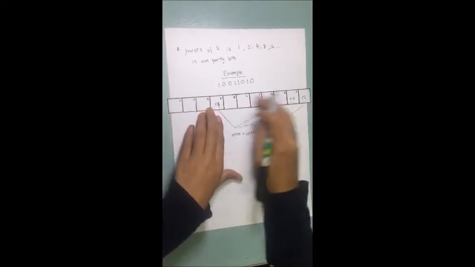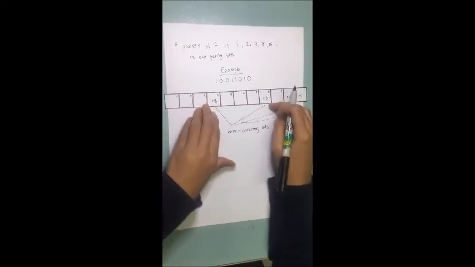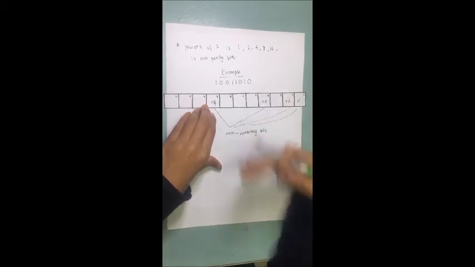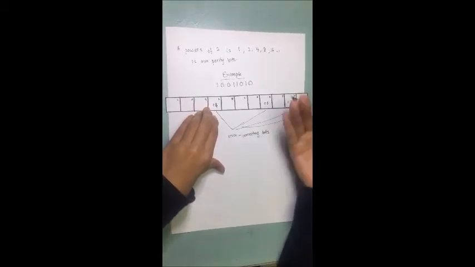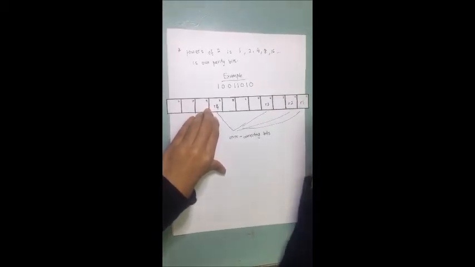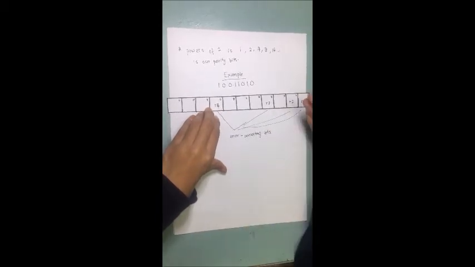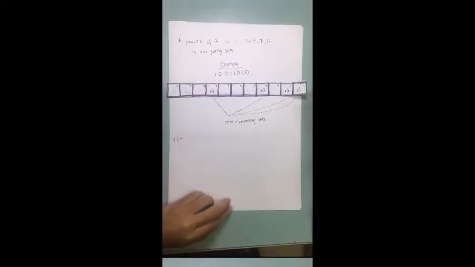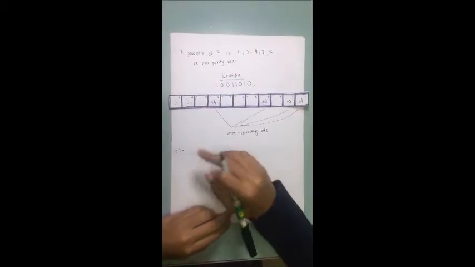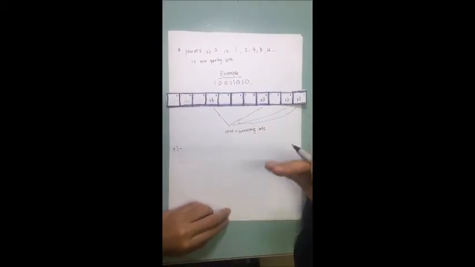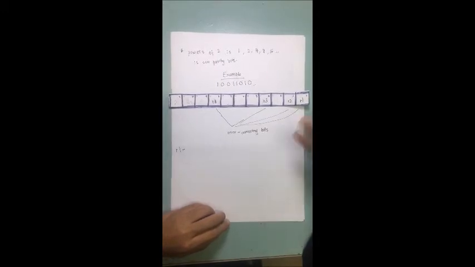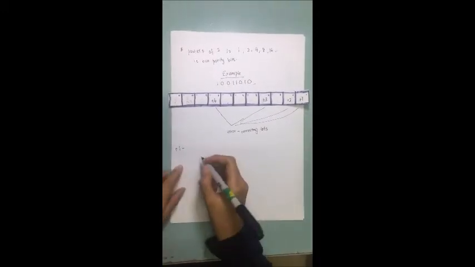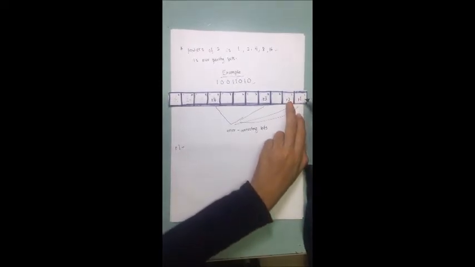By using this, we will check one bit and skip one, and check again and repeat the process for each of the redundancy bits. I will use R1 as an example of how the check and skip method works. R1 is here.